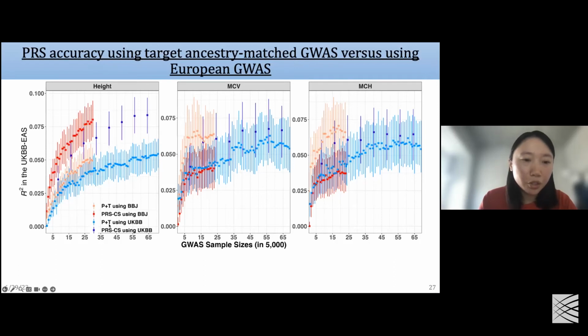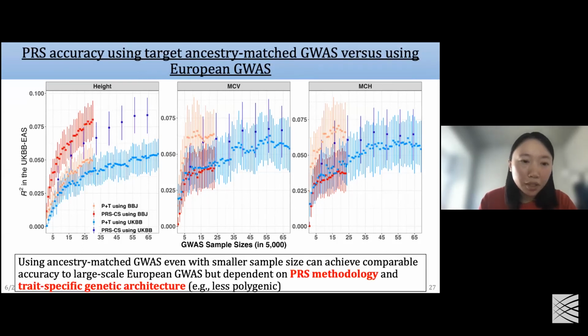We are using two different methods, with P+T in the light color and PRS-CS in the dark color. The information I want to highlight here is that for those traits, using ancestry-matched GWAS, even though the sample size is much smaller compared to the large-scale European, their accuracy is comparable or even better.